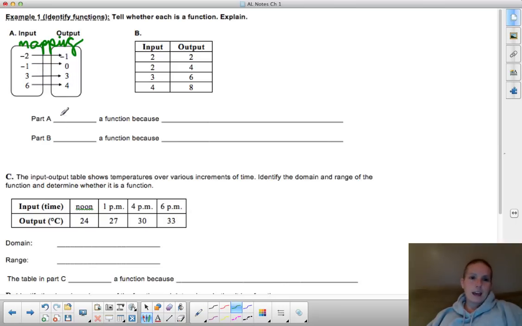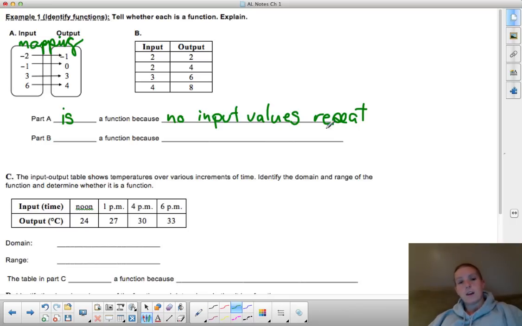So in part A, this is a function because no input values repeat. Or sometimes we say that same phrase, part A is a function because no x values repeat.